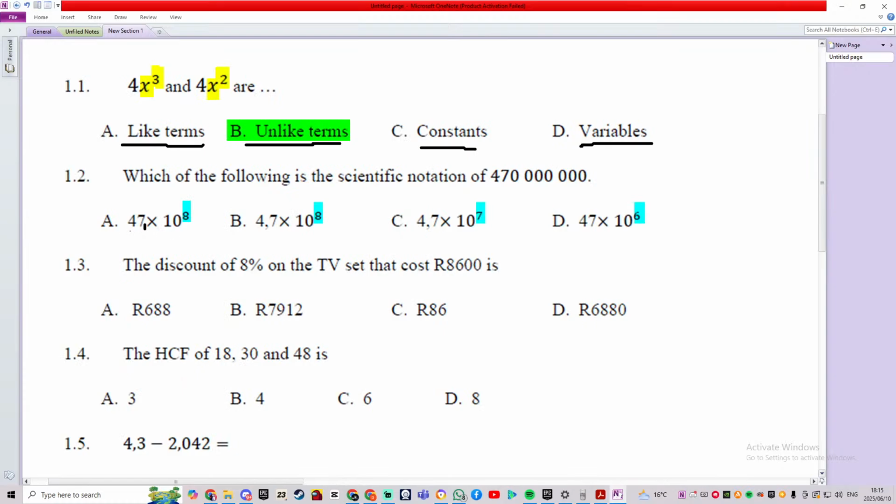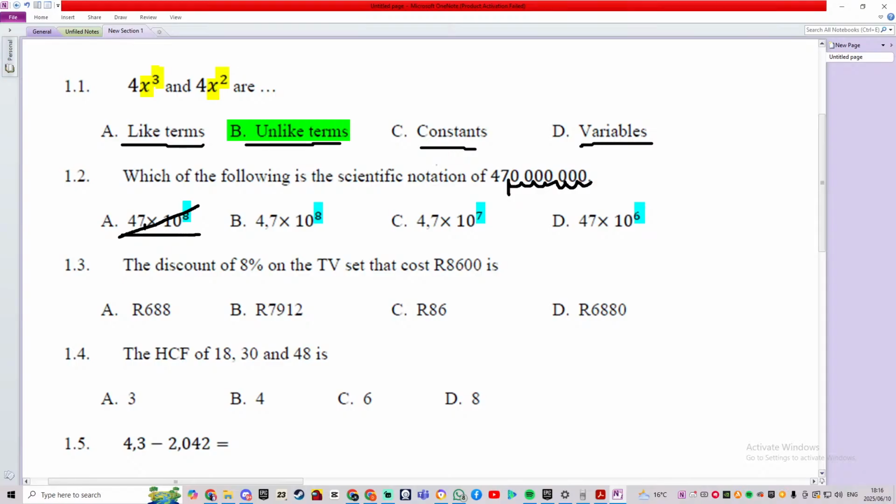Let's look at where it started from in this question and move it up to that point to see how many times we have moved it: 1, 2, 3, 4, 5, 6, 7. We've moved it 7 times, and that exponent is 8, so that eliminates that option.